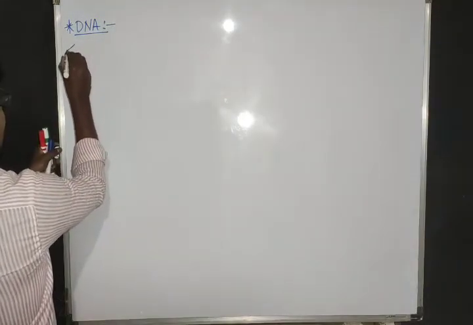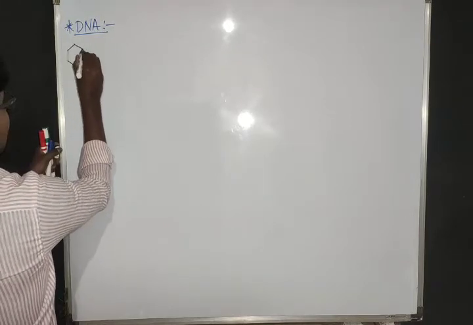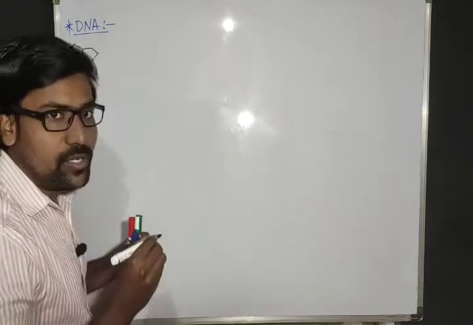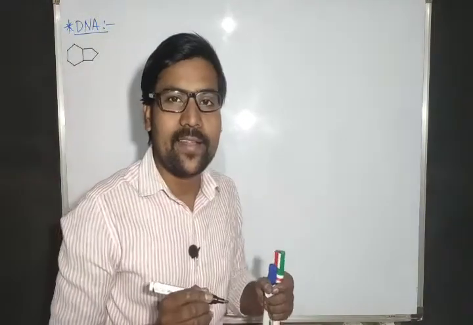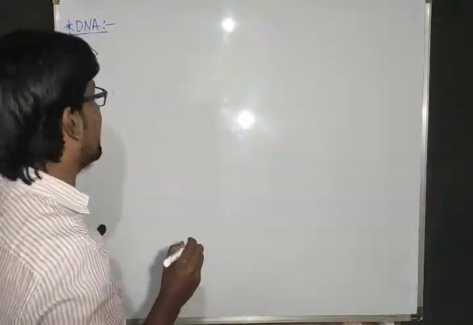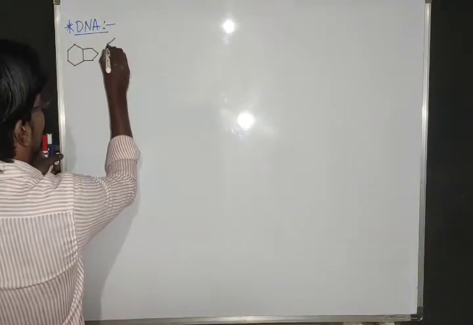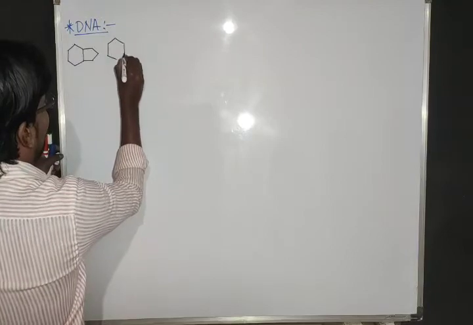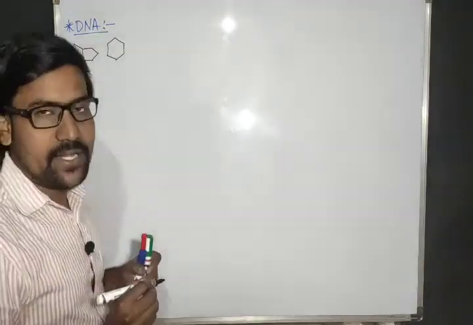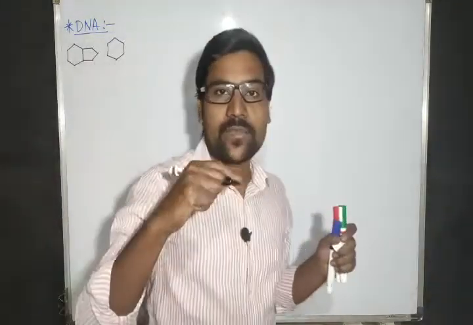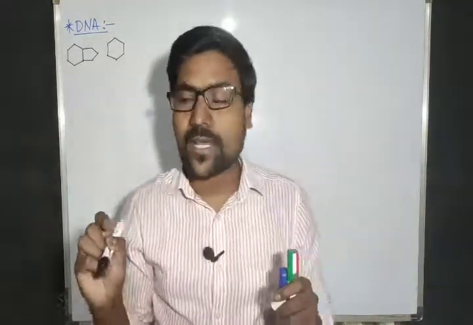The first one, what is this molecule? Purine or pyrimidine? Yes, this is a purine, a heterocyclic ring. And this kind of molecule here is pyrimidine, right? Yesterday we mentioned the corners where nitrogen atoms are present.